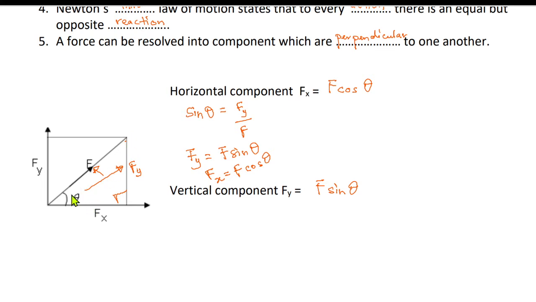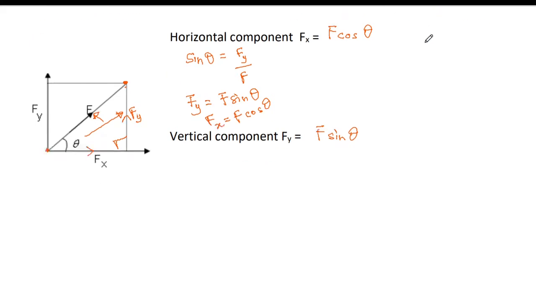The force is going up here, so I'm going to the right first and then I go up. So I start here, I end here. So I must move from here to the right and then going up. That's how we resolve the force into the vertical and the horizontal components. Okay, let's move on.